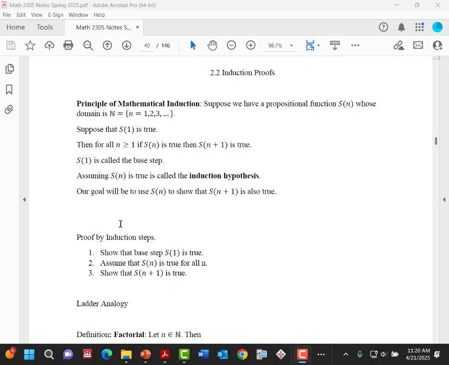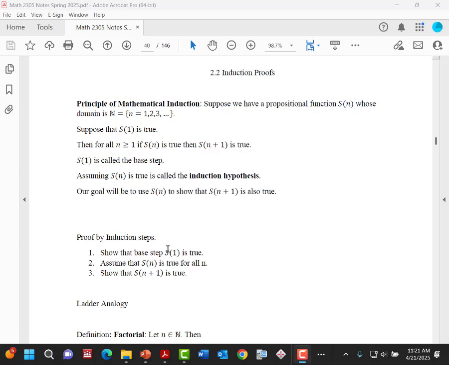Now, the idea when we do proof by induction is we want to show that the base step S1 is true, so show that it can be done perhaps for a really small number. These inductive proofs are generally used when I wish to prove that a formula for something exists and is what it is.